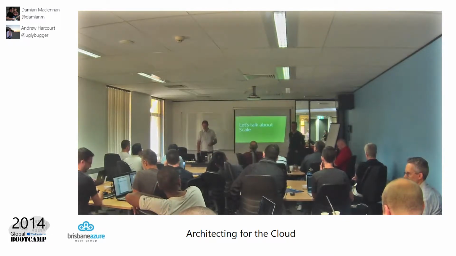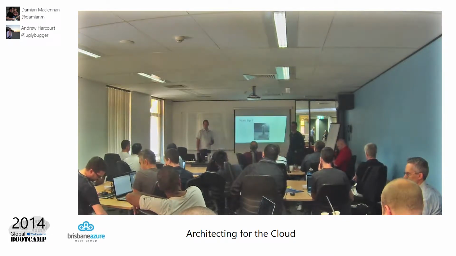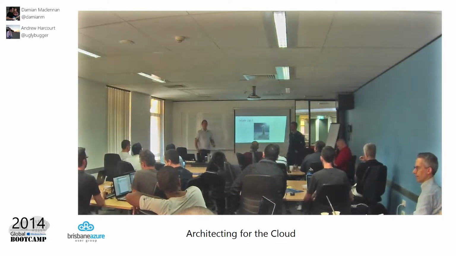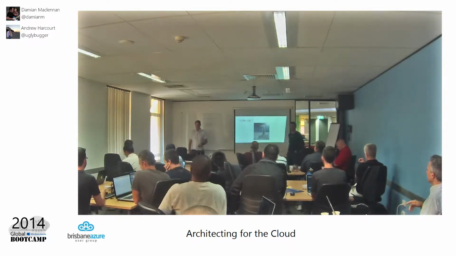Let's talk very quickly about scale. There are two ways of scaling systems. One is we scale them up. That's our traditional way we scaled stuff before cloud: our site's getting busy, so let's buy bigger hardware. A bigger SQL server, more RAM, more cores, bigger web servers, faster machines.